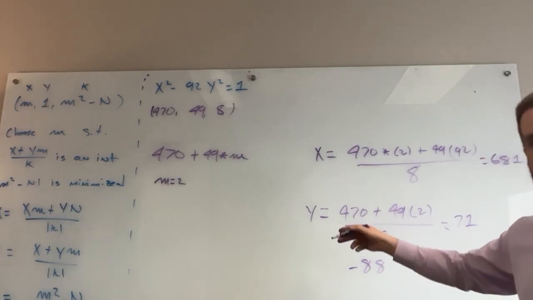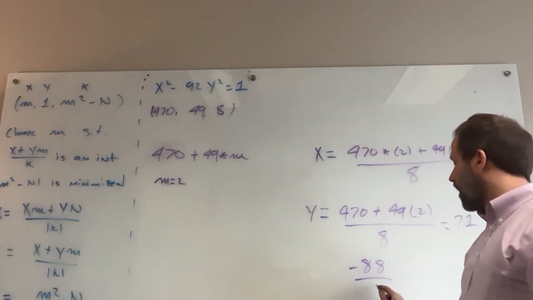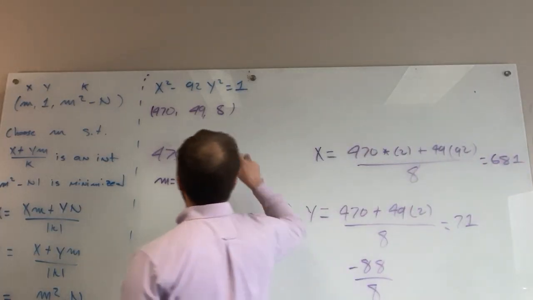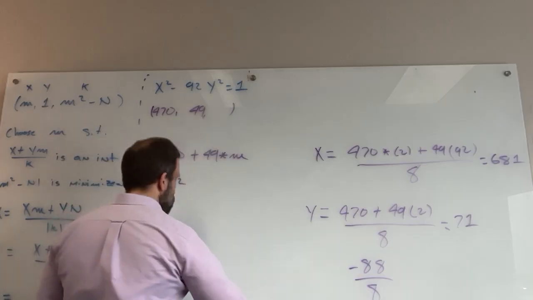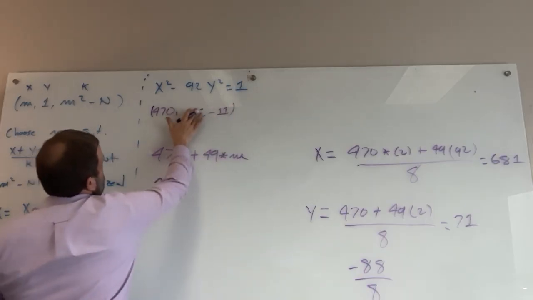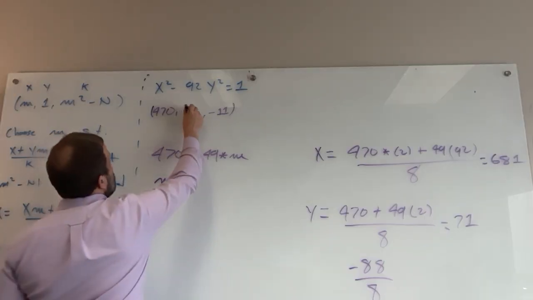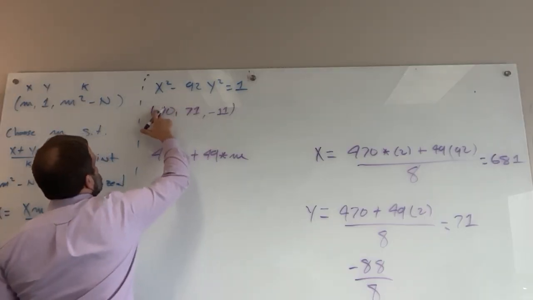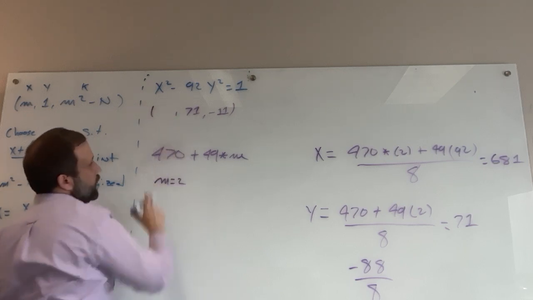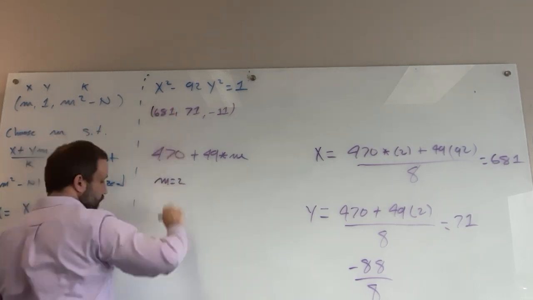M squared is 4, 4 minus 92 gives us minus 88, and we're going to divide by 8. That's going to give us minus 11. This one we're going to get is 71, and this one that we're going to get here is 681. Okay.